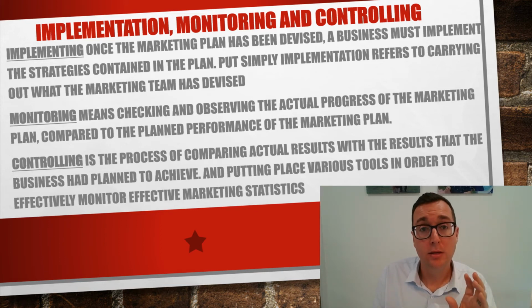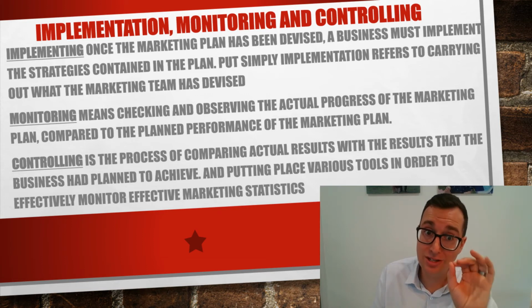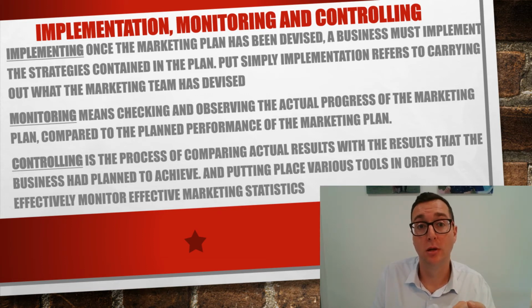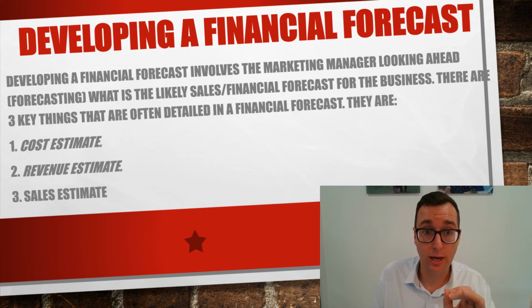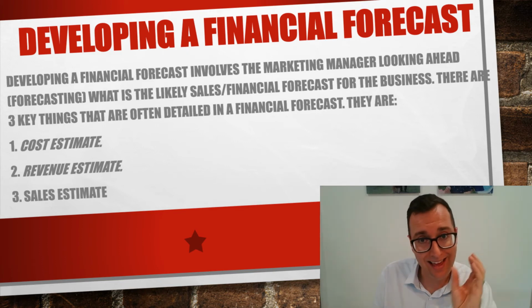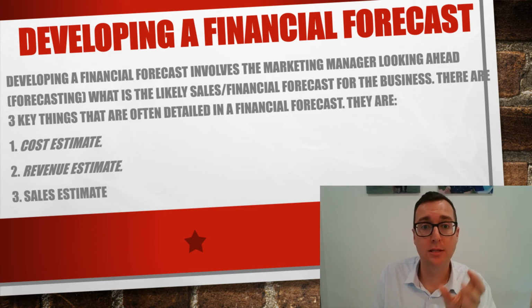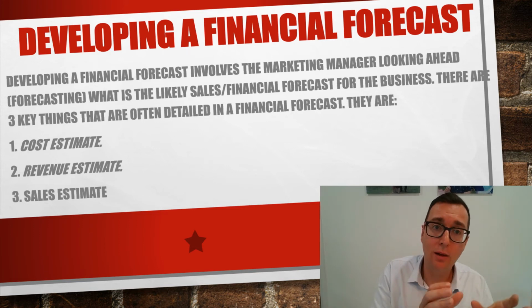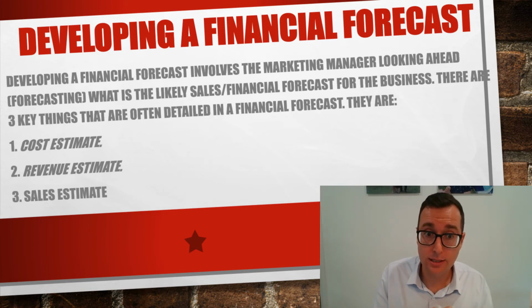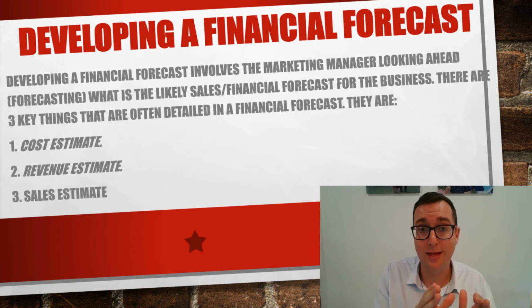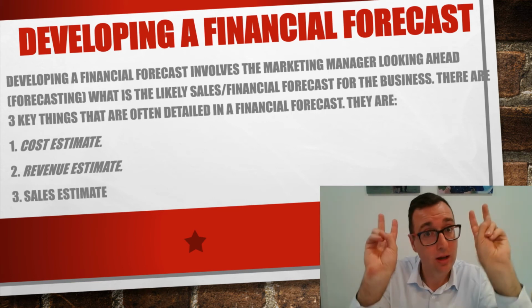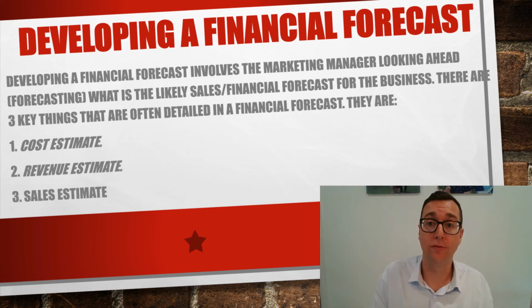All right, some ways to implement monitoring and control include, and these are directly from the syllabus: develop a financial forecast, compare actual and planned results, and revise at the end, the key thing, to revise the marketing strategy. So, when developing a financial forecast, there are three key things that are often detailed in a financial forecast.